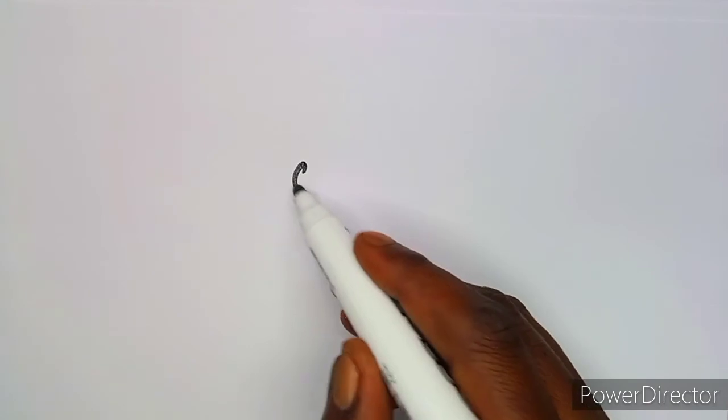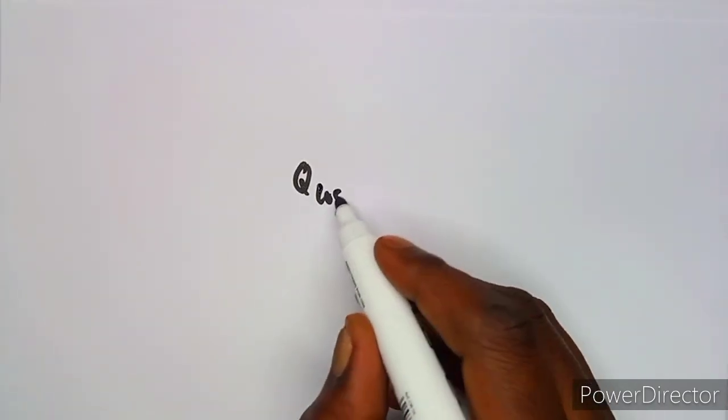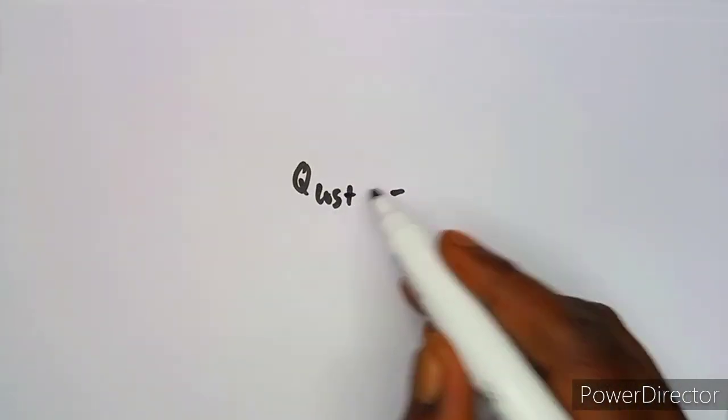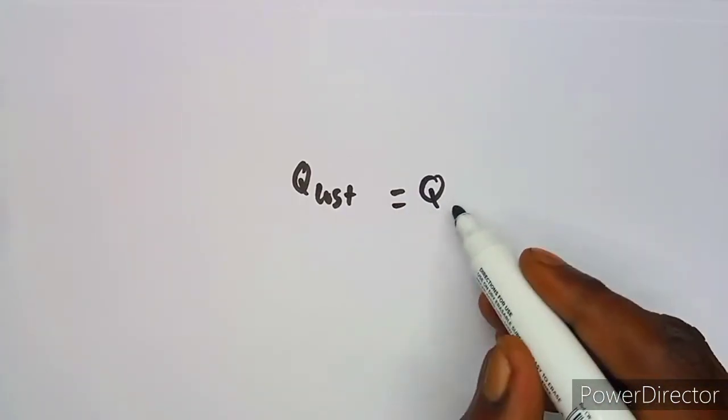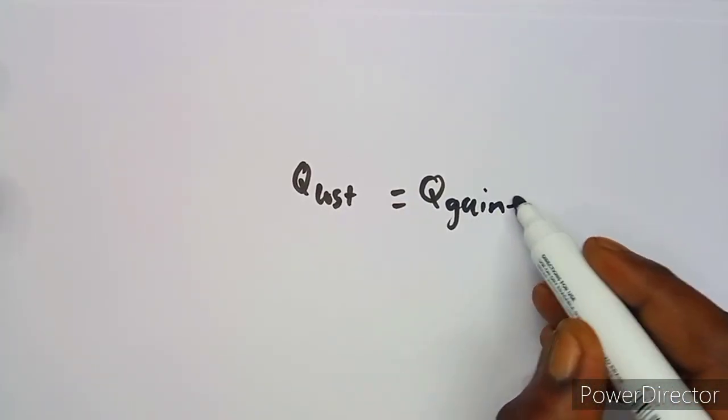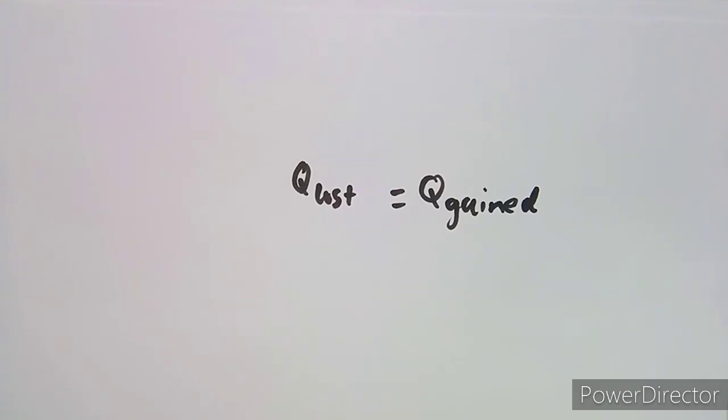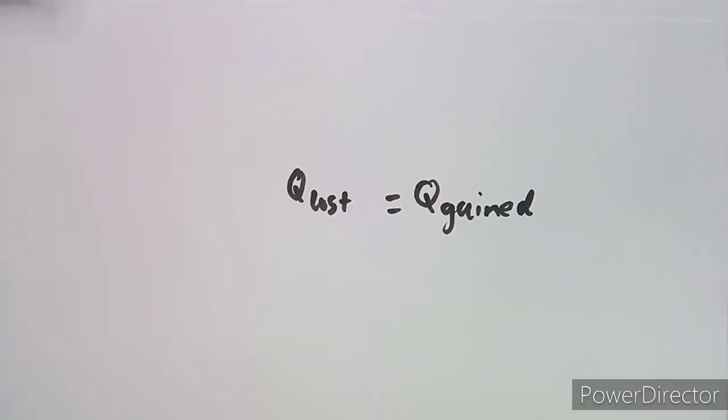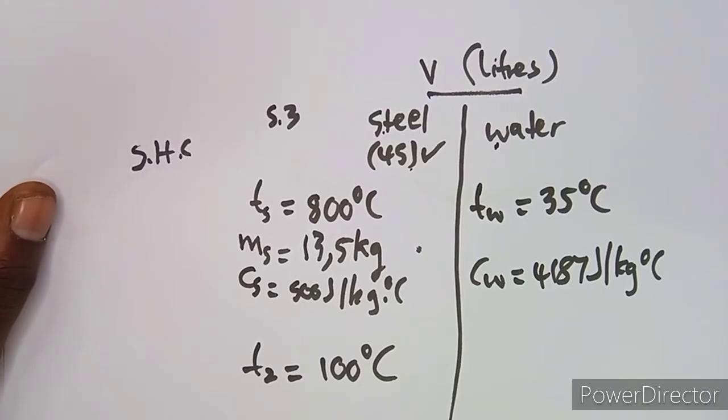The heat that is lost is equivalent to the heat that is gained. We are now used to this formula because we've talked about it in a lot of question papers. Remember, I told you that the part that loses its heat is the one that is decreasing in temperature.